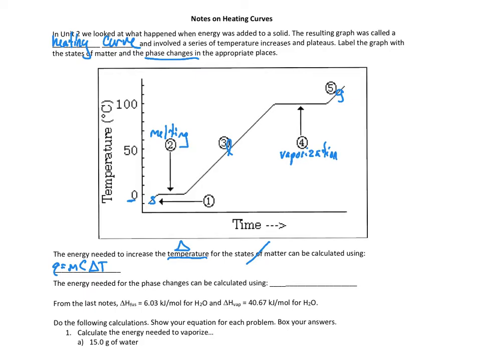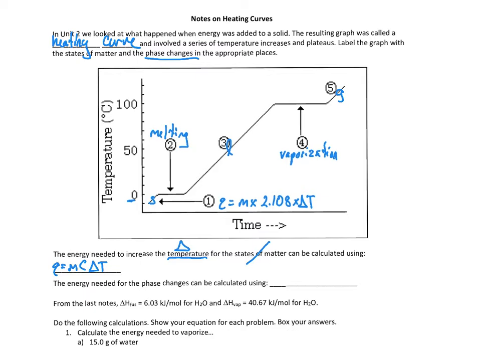So for section 1, that solid would be Q equals the mass of the solid. And if we're talking about water, the specific heat of solid ice is not the same as liquid water. So for instance, 2.108 would be the specific heat of ice times that change in temperature.